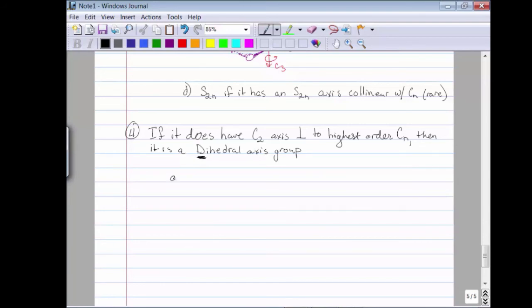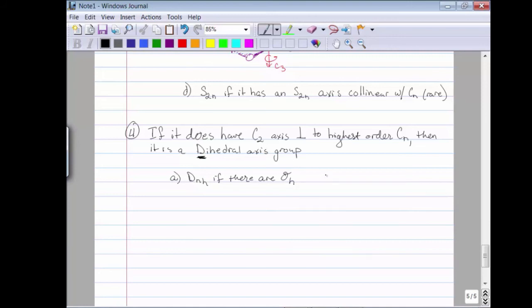So if you have your principal axis and you also have a C2 perpendicular axis, it's a DNH if there are what? Can you guess? What's the H for? Yeah, it's a DNH if there are horizontal mirror planes. So a mirror plane perpendicular to that principal axis.